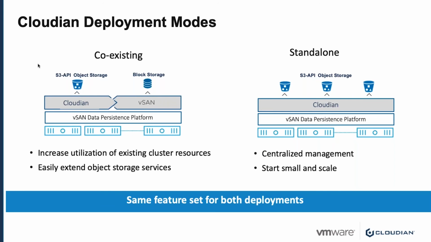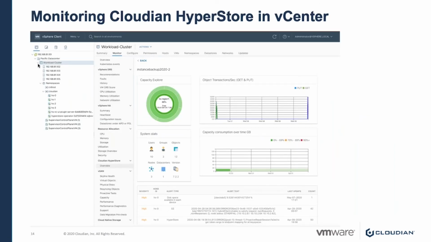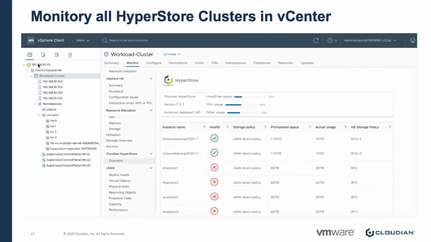And I just want to give you a quick screenshot. We don't have a lot of time, so probably we'll do another one where we can show you the actual demo. But if you look at how this integration works, this particular screenshot shows you how you can monitor Cloudian Hyperstore in vCenter, right? If you have multiple clusters of Cloudian Hyperstore, it can give you a single view of all your clusters.